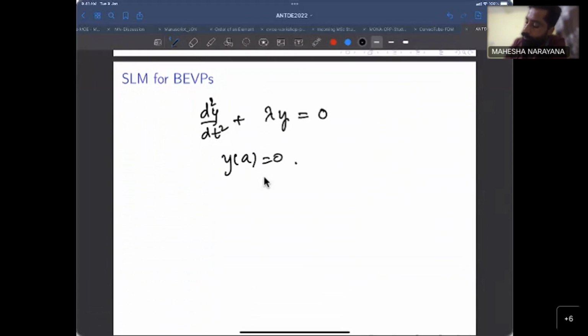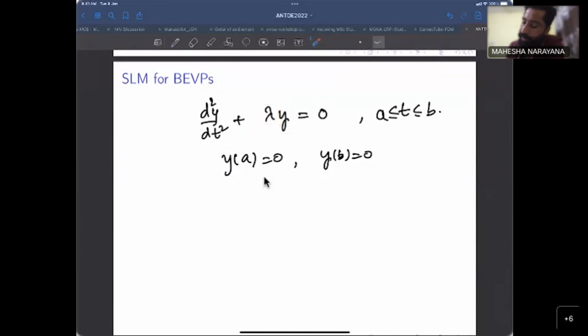If you see, you have homogeneous boundary conditions and a homogeneous differential equation. As a result, this lambda, which is called the eigenvalue, controls the existence of a non-trivial solution. So the non-trivial solution depends on the value of lambda.